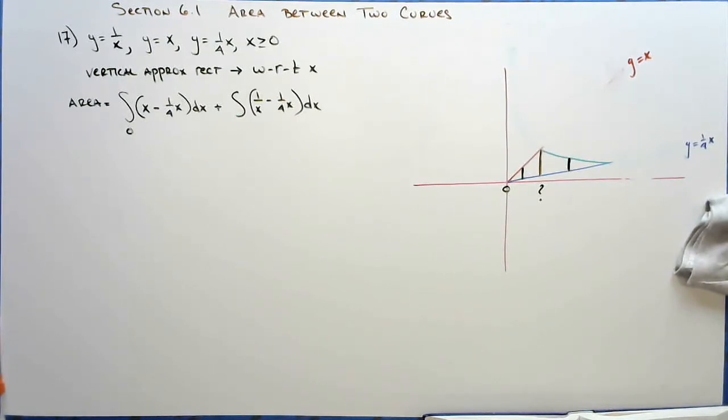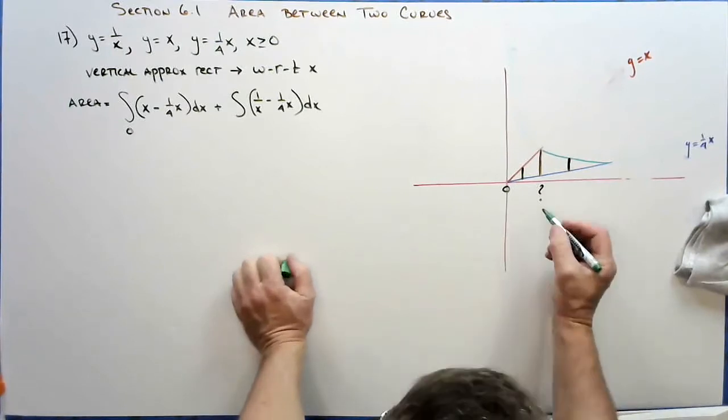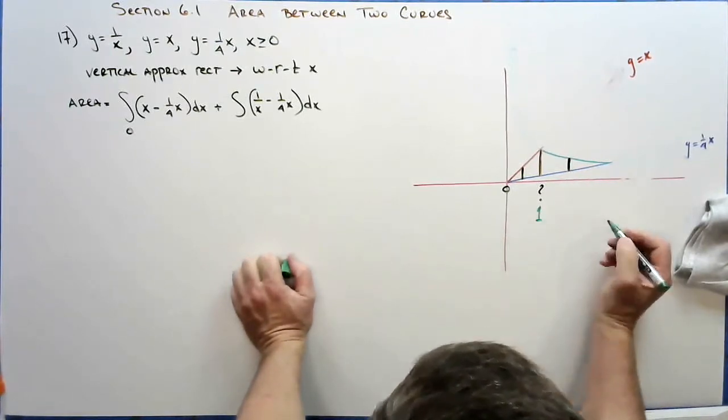Now, we could do this with algebra. We could set them equal to each other, try to solve it. But a lot of times in these kind of problems, the points of intersection are not that complicated. Usually you can just plug some numbers in, and if you try some really nice numbers, it usually works. Like, for example, what happens if I try 1 here?